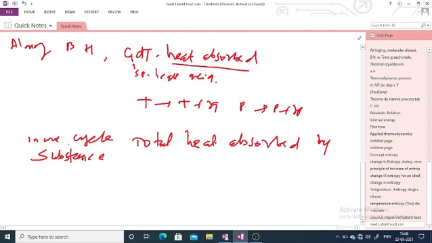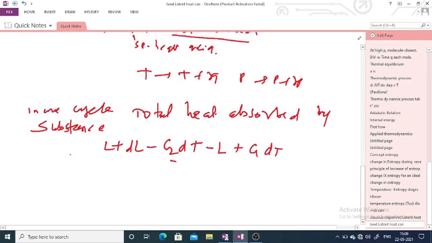In the first stage, L plus dL is the amount of heat absorbed. In the second step, C2 dT is the amount of heat rejected, so there is a negative sign. Third step, there is a minus L amount of heat rejected. Fourth step, C1 dT is the amount of heat absorbed.